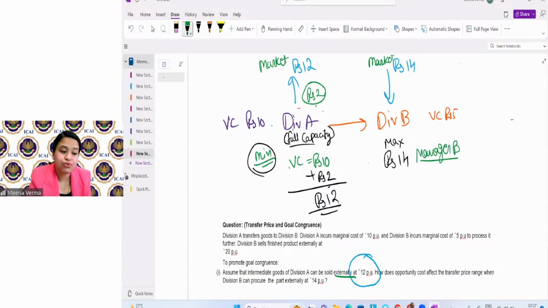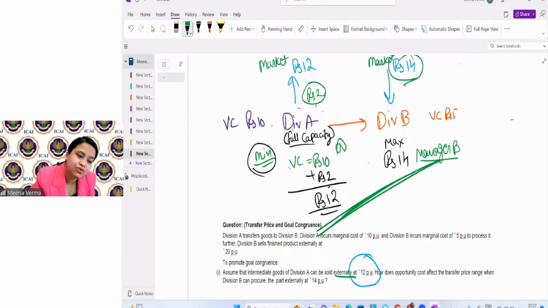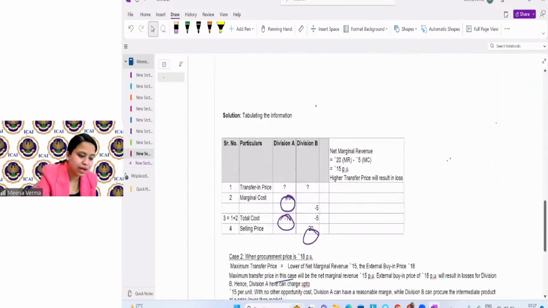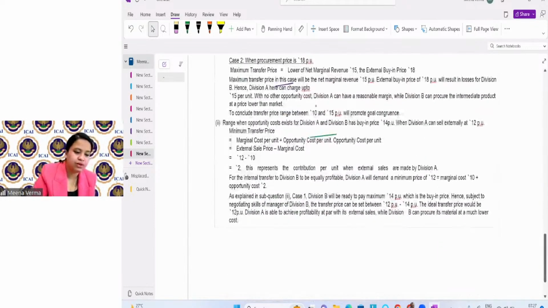Because if you refuse to transfer the goods, he has the option to buy it from external market at rupees 40. And this will not result in loss also. They are already earning the profit. So now in this case, the price range will be between 12 to 40. All right. Okay. So you can see here now the price range will be between 12 to 40. So last case, the price range will be between 12 to 40.